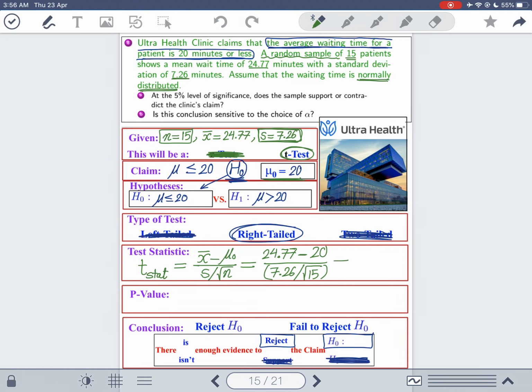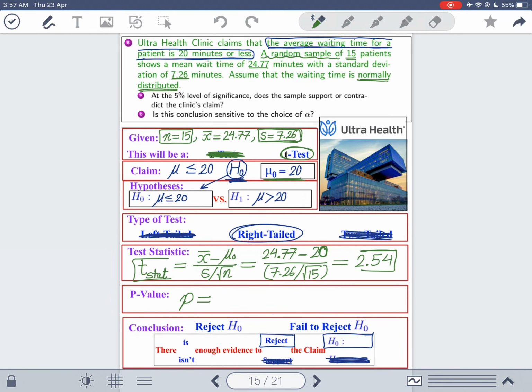Okay, and again, please do this on your calculator and make sure that you get what I have. So in this question, the t-stat is 2.54 to 2 digits if you compute it. Check, please. Okay, good.